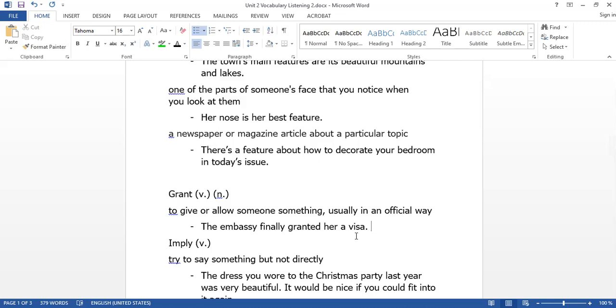To give or allow someone something, usually in an official way. The sentence here is, the embassy finally granted her a visa.